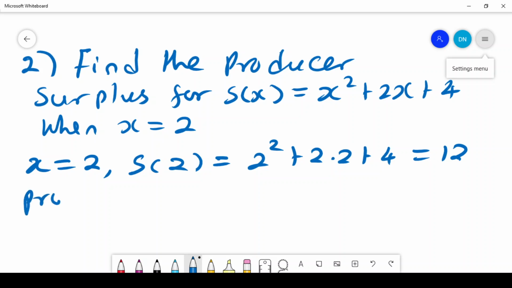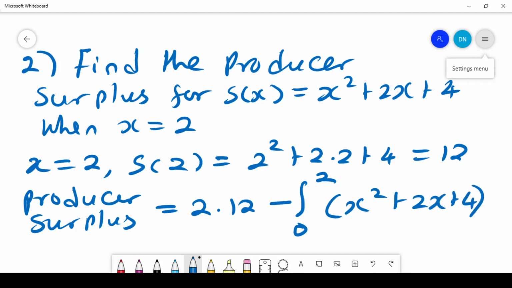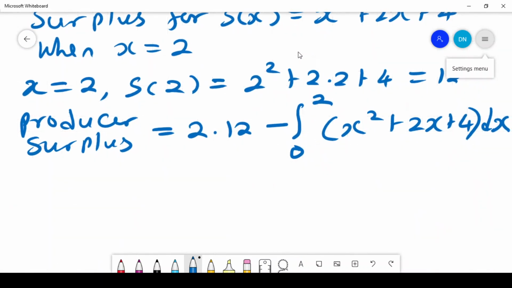So producer surplus will be equal to 2 times 12 minus the integral from 0 to 2 of x squared plus 2x plus 4 dx. That's what we have as the producer surplus.